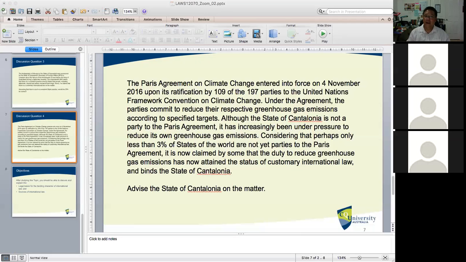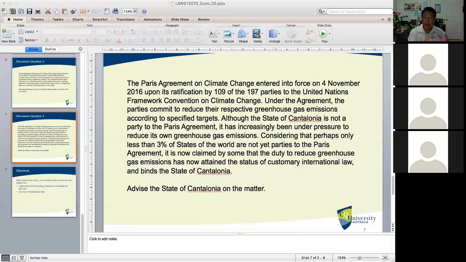Some states have not attempted to reduce their greenhouse gas emissions, in particular the United States. It was only this year that the United States signed the Paris Agreement. So it has begun to be bound by the requirements concerning greenhouse gas emissions, but because of the treaty. So the first problem is a lack of consistent state practice.